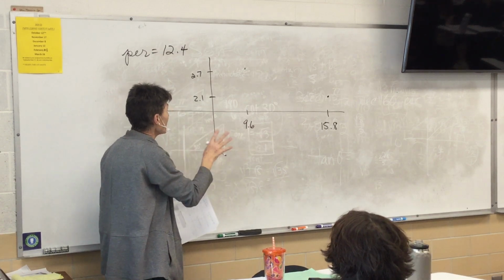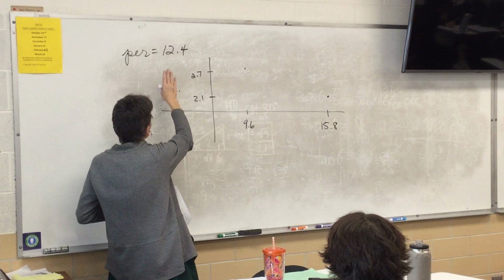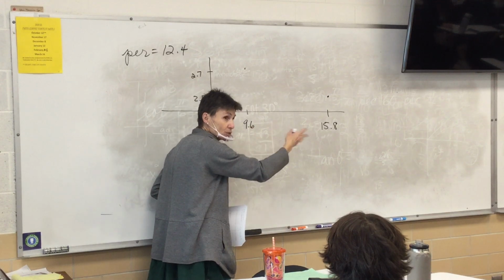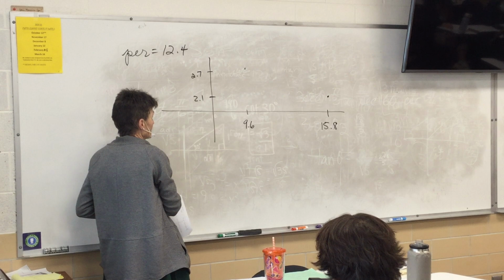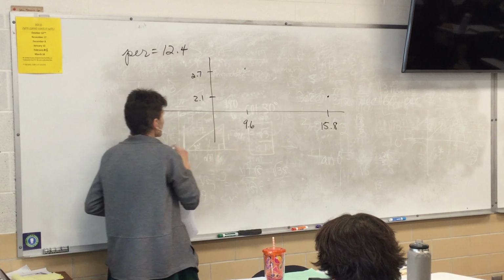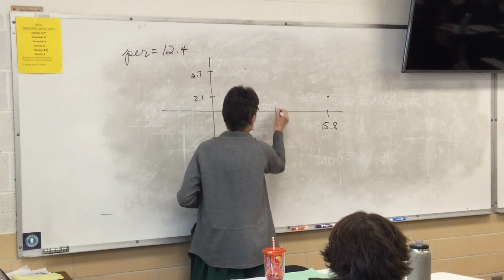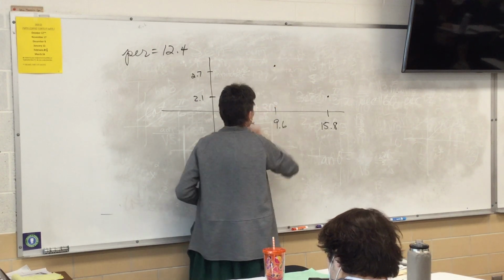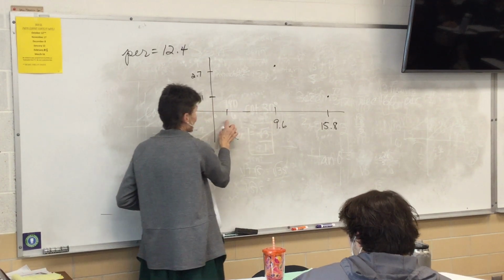All right, so let's go ahead and sketch this in. Now, that means that every 12.4 hours, this thing repeats itself. Okay? So, I'm going to move this one over a little bit. Where is there another low point back here?